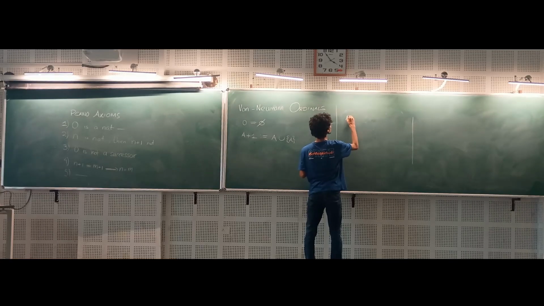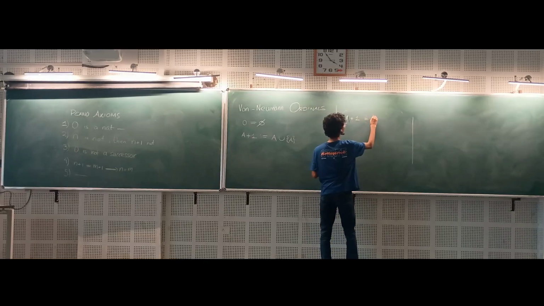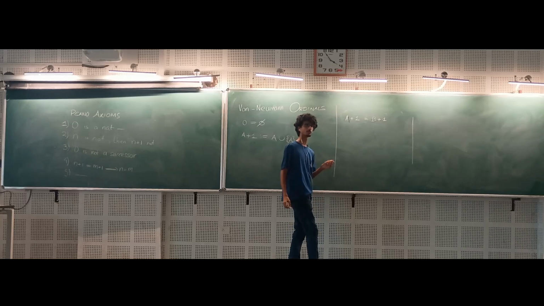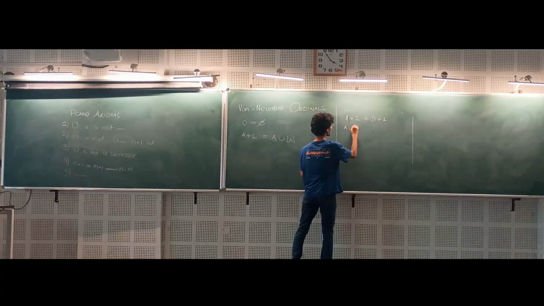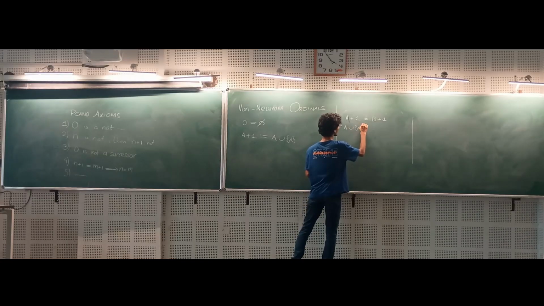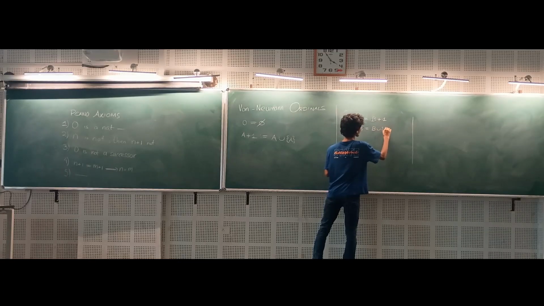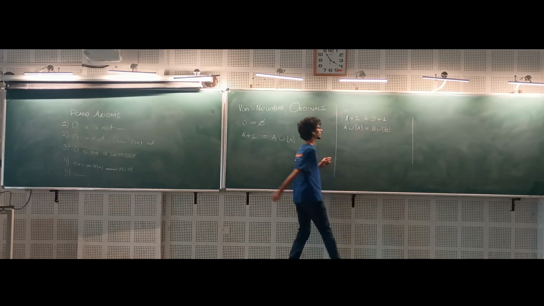Suppose it happens that A plus 1 is B plus 1. What would that mean? A union singleton A is the same as B union singleton B. Okay, what's so wrong about that?